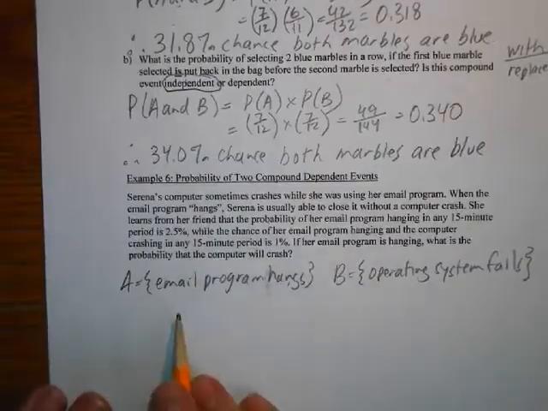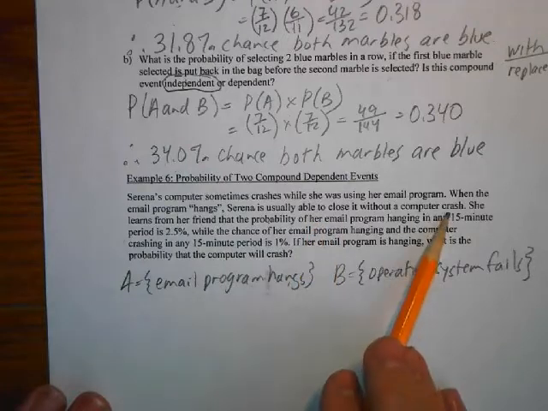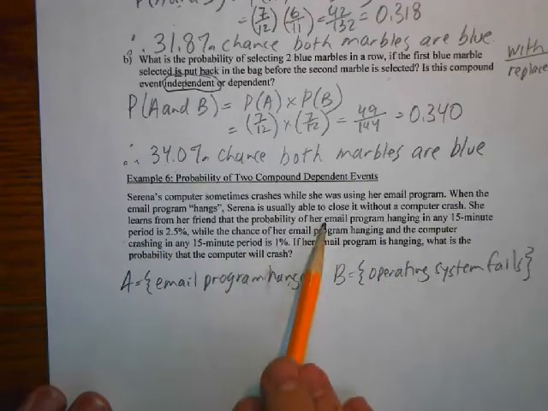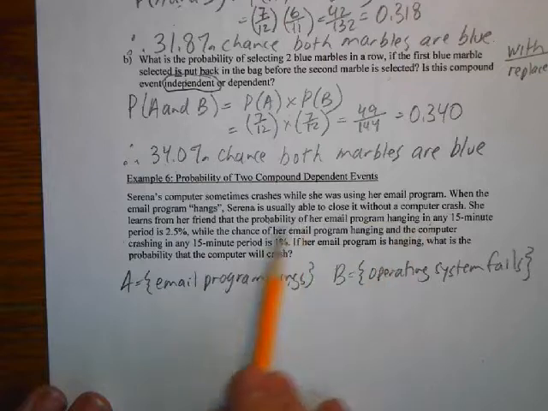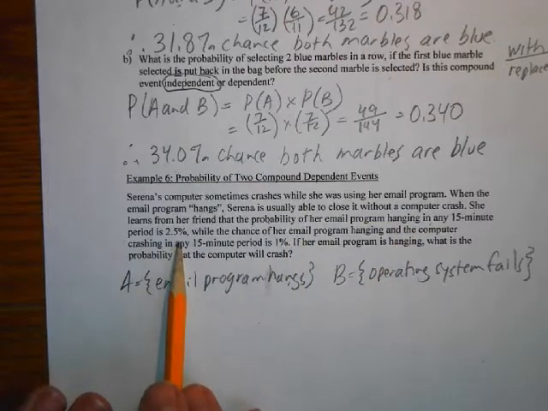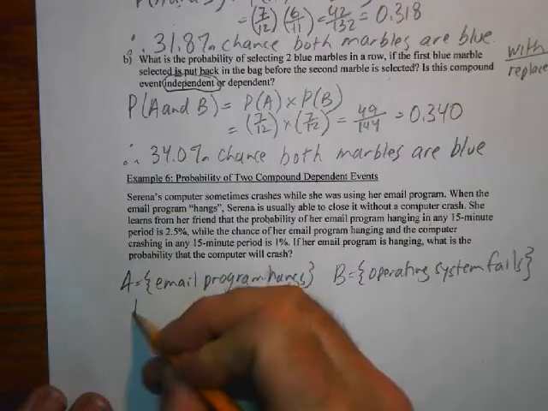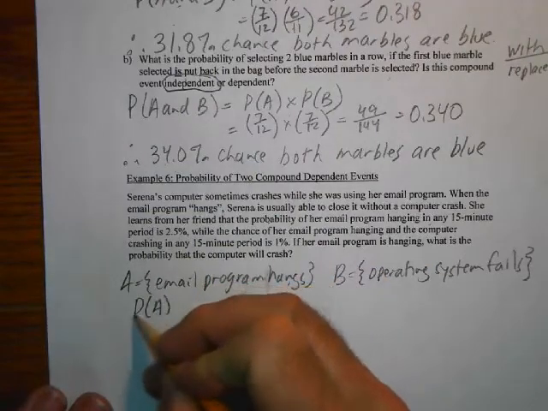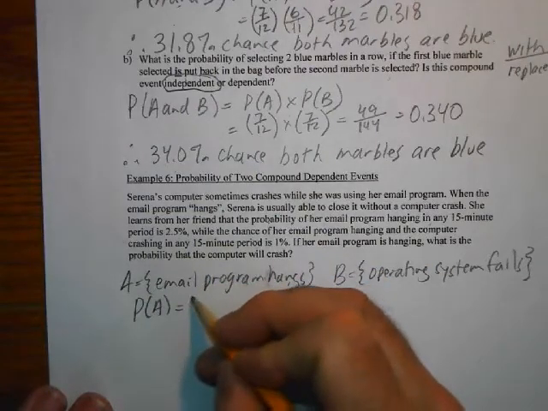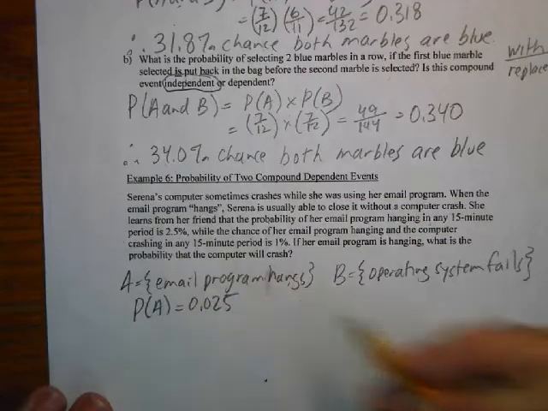Okay, and if we read, she learns from a friend the probability of her email program hanging in any 15-minute period is 2.5%. So that's event A. So the probability of event A is 2.5%, or if I change to a decimal, it would be 0.025.